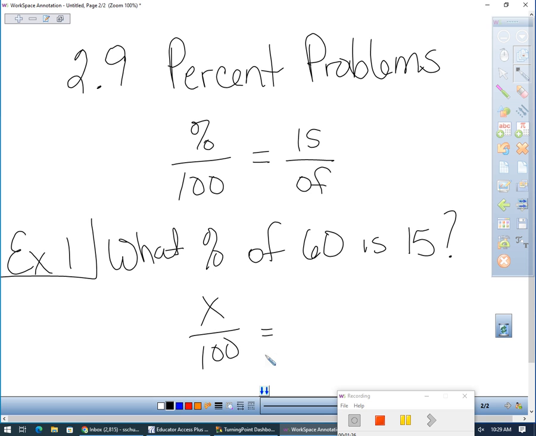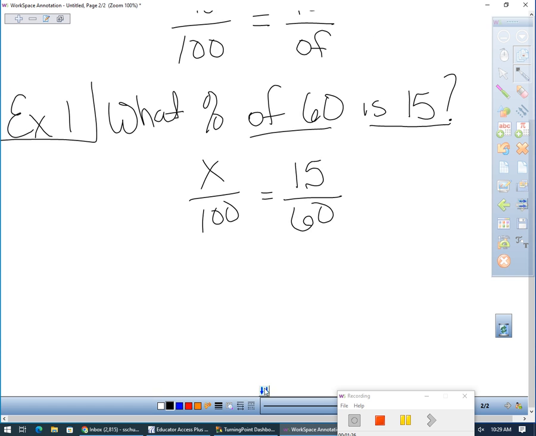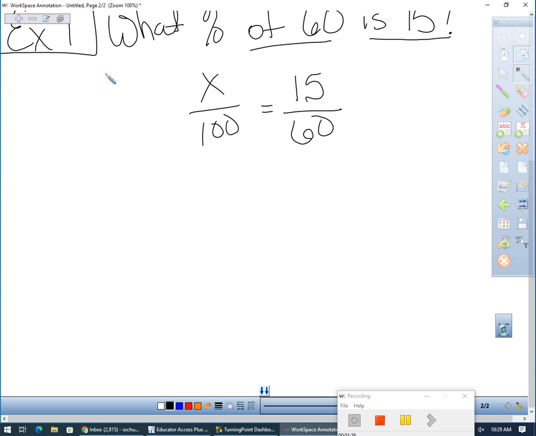Then we look to our problem. Is over of. We have is 15 of 60. Now we cross multiply. X times 60 is 60x. 100 times 15 is 1,500.